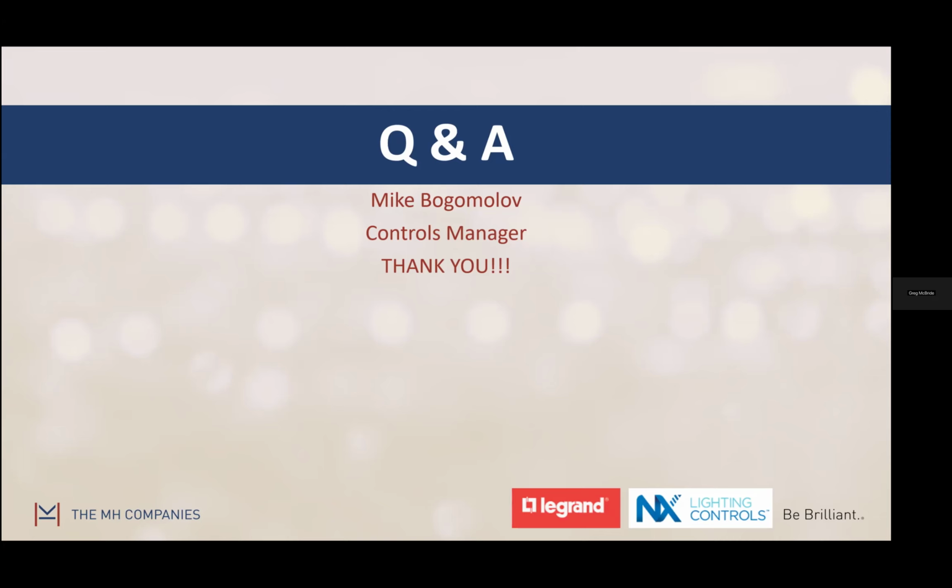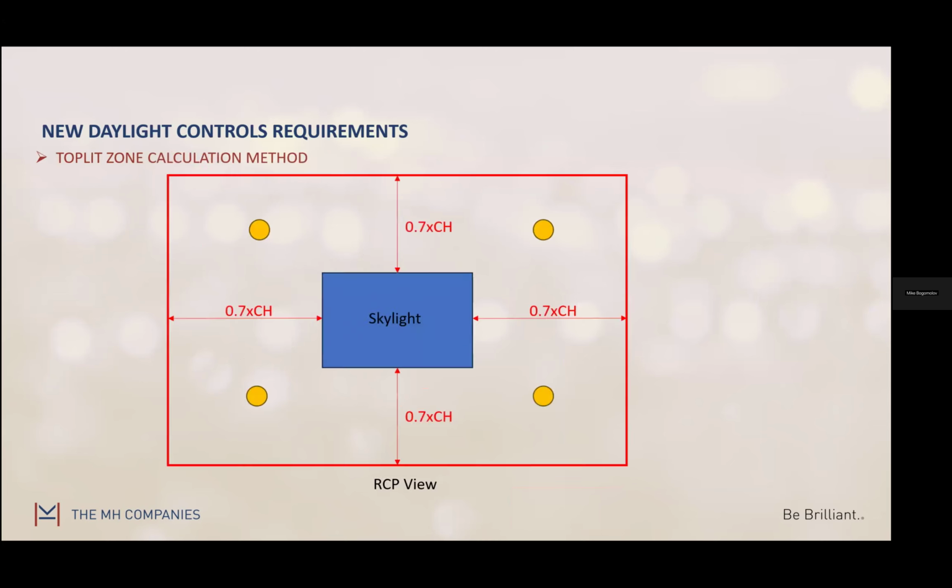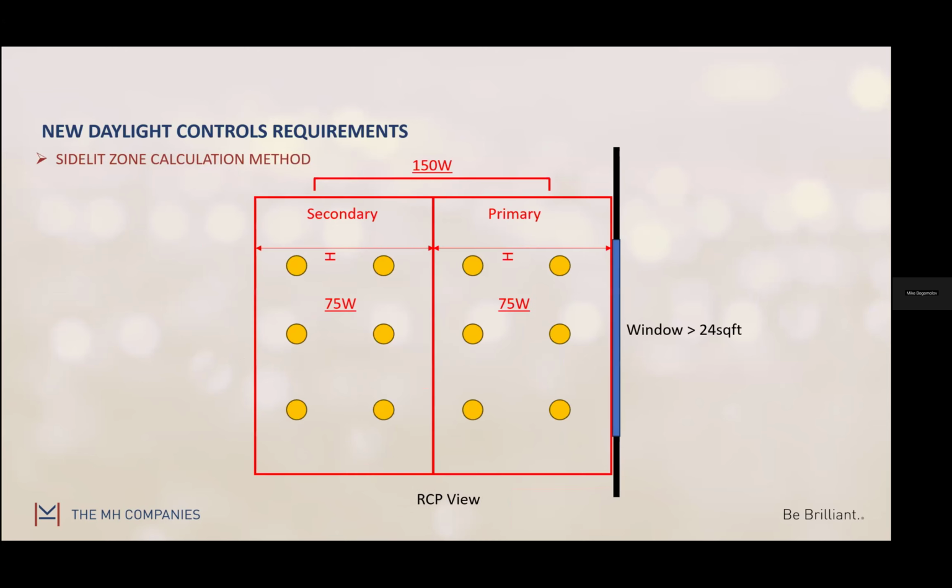Okay. Next question. Do you need 2 photocells for primary and secondary daylight zones? Yes and no. Let me see if I can go back real fast. So if we're looking at our primary and secondary daylight zone, there are closed loop and open loop photocells.